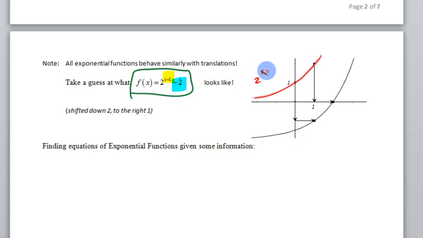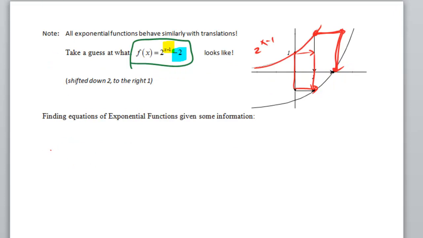And then we subtracted 1 from the x, which moved it right. So here's a point I chose, it moved right and then down 2 units. So from here to there, right 1 unit, down 2 units. The same kind of thing works with all the other transformations.